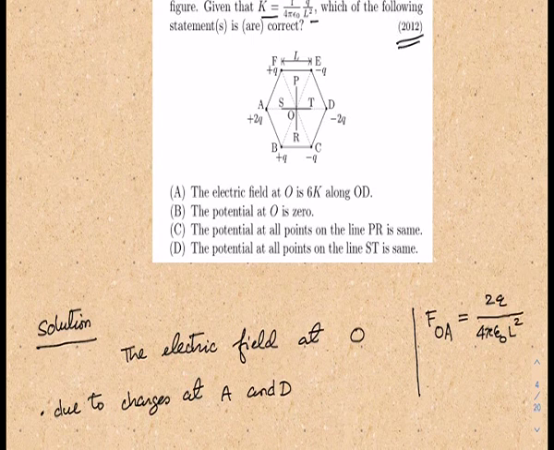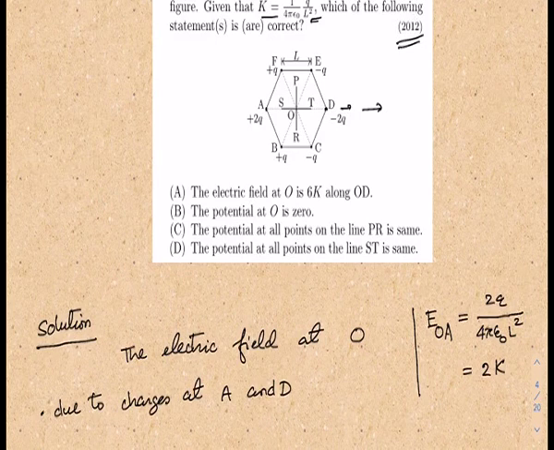Now if I go by the symbol here, q by 4 pi epsilon 0 L square is denoted by the symbol k. So in that short notation, I can write it as 2k. So this force at the point O would be along OD due to charge 2q. Similarly, the charge at minus 2q at D is also along the same direction. So the force, sorry, I should say electric field, I'm sorry.